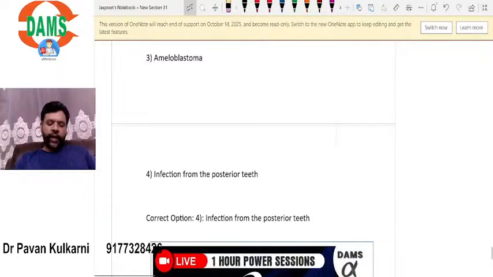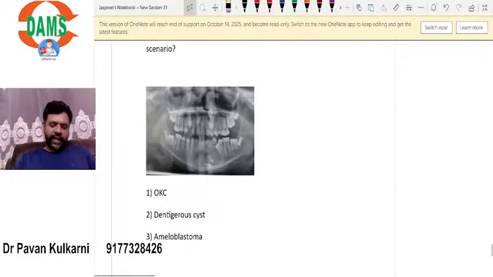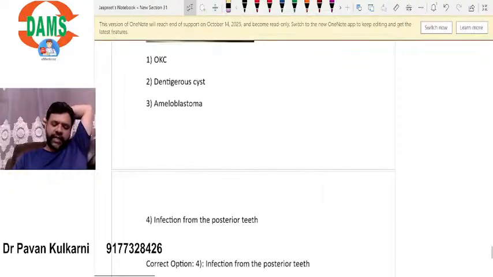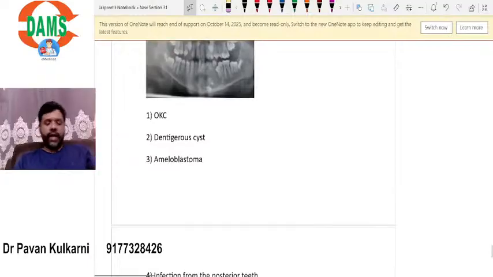Which of the following cannot be a differential diagnosis in the following scenario? If you can see classically, there is a cystic lesion, a radiolucent lesion associated with the mandible. The options given are OKC, dentigerous cyst, ameloblastoma.